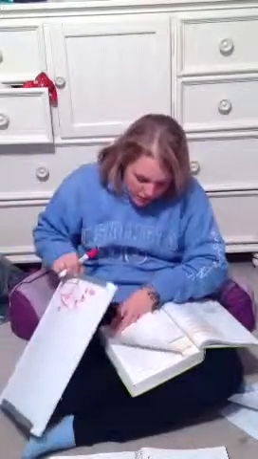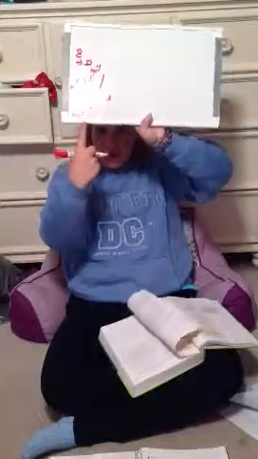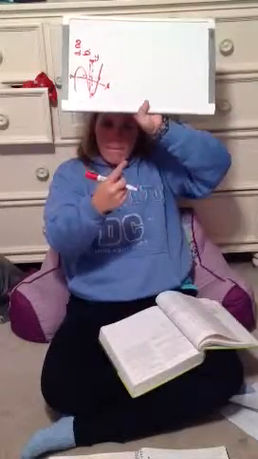So now it's saying, does the relation have an inverse that is a function? So since this one has just 1 point touching all x values, then yes, it is a function. Okay? So B is yes.